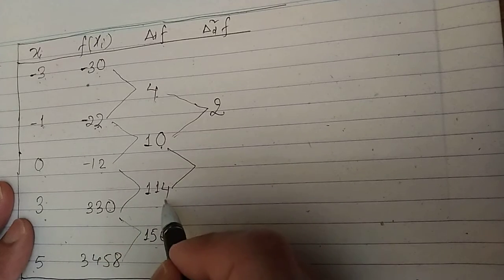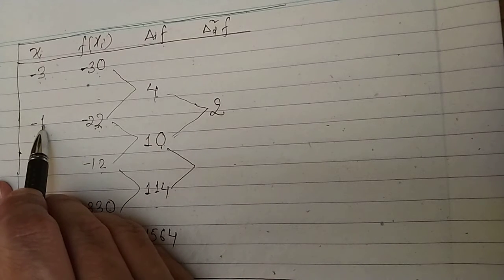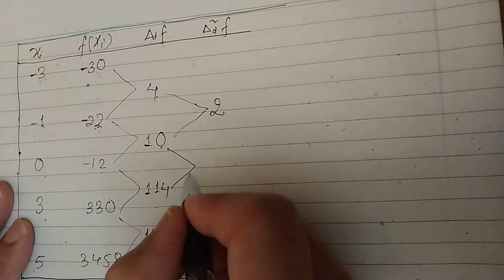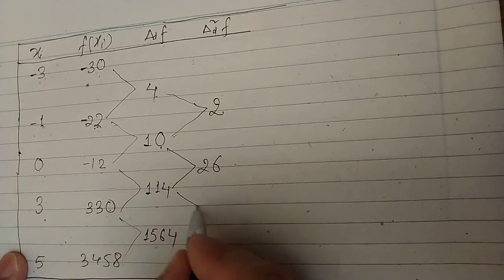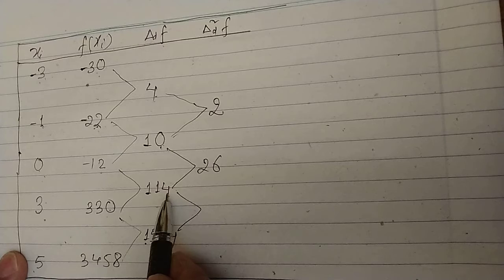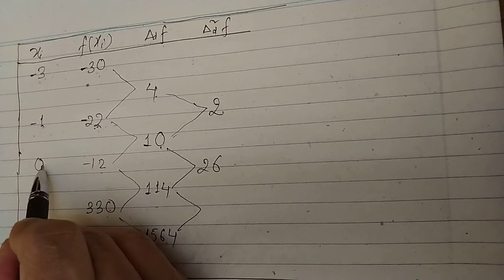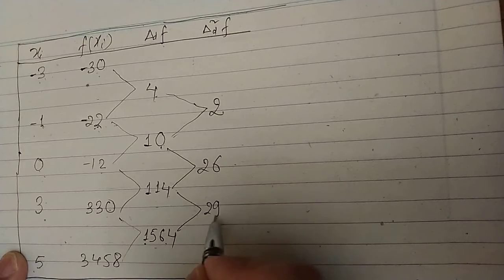You do here also. 114 minus 10 divided by 3 minus -1. 26. Do over here. So 1564 minus 114 divided by 5 minus 0. 290.